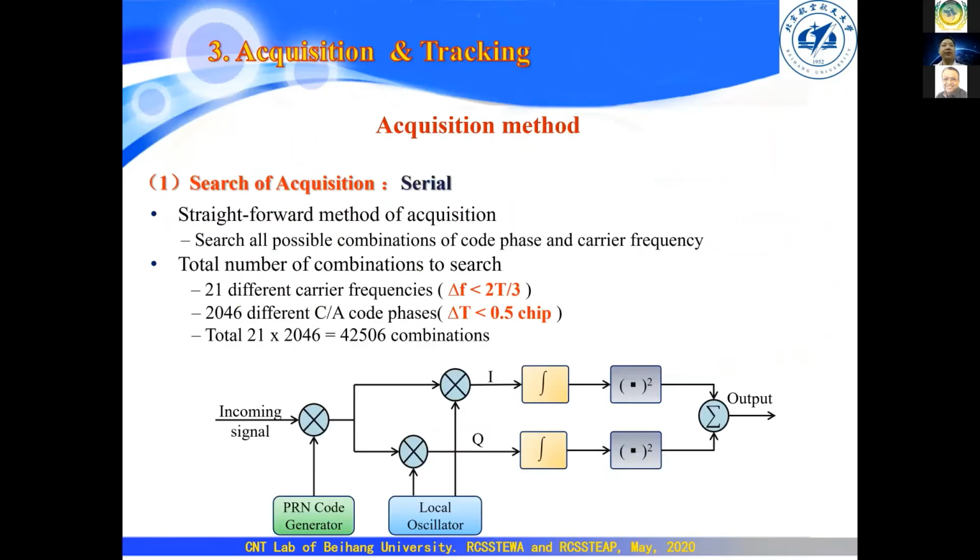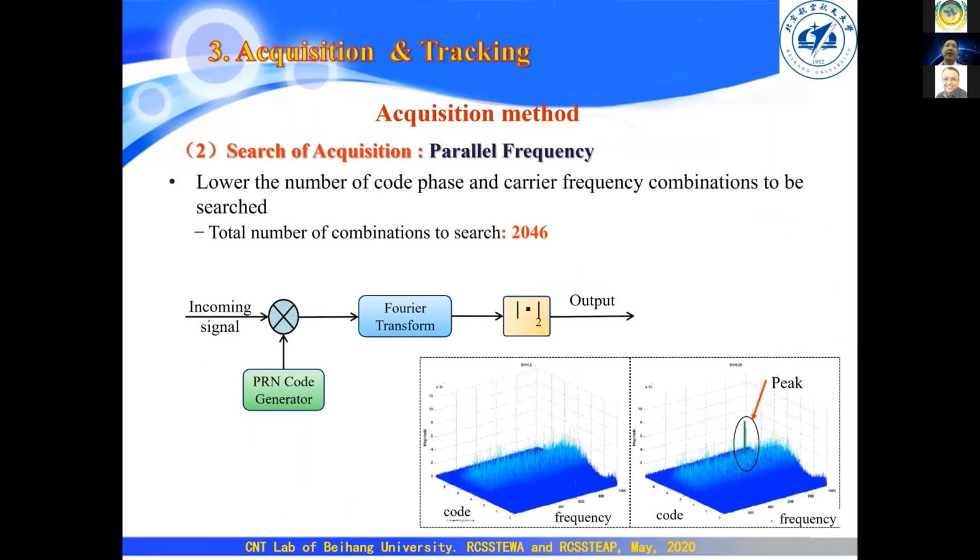The acquisition step can be divided by different search methodologies. The first is serial search, which means searching phase by phase, Doppler by Doppler, step by step. Another is parallel search.